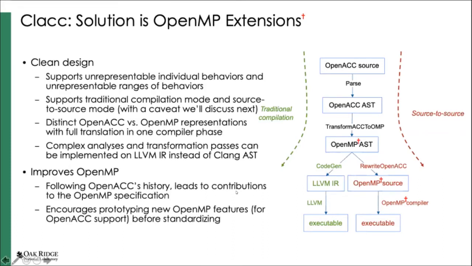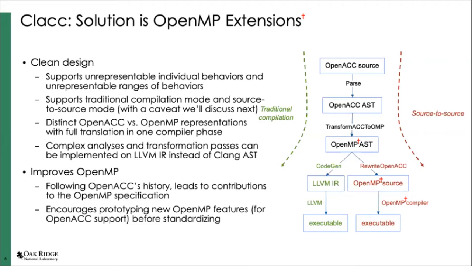So how does Clacc handle OpenACC that is unrepresentable in OpenMP? Clacc's solution is to devise OpenMP extensions. Of the various solutions we have considered, we found that the use of OpenMP extensions has many advantages in the compiler design. They can handle both unrepresentable individual behaviors and unrepresentable ranges of behaviors. They can do so in both traditional compilation mode and source-to-source mode.